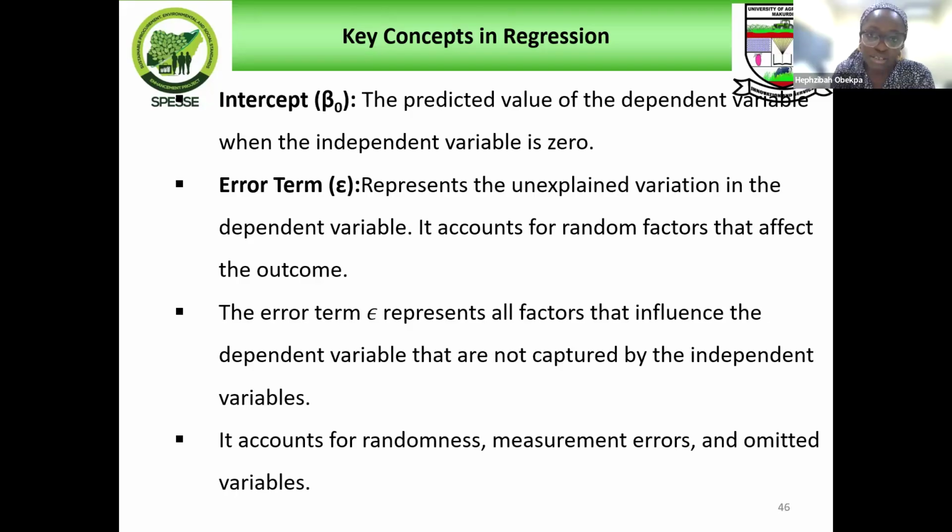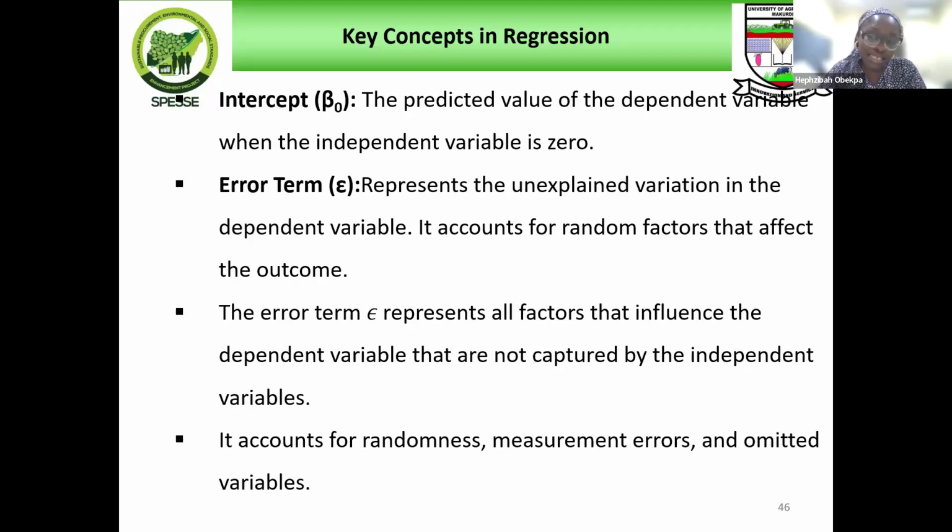Then we have beta naught. This is the predicted value of the dependent variable when the independent variable is 0. This is your constant. We have the error term. The error term represents the unexplained variation in the dependent variable. What do we mean? The other things that affect the dependent variable that you have not captured in your model. That's why we say the unexplained variation.